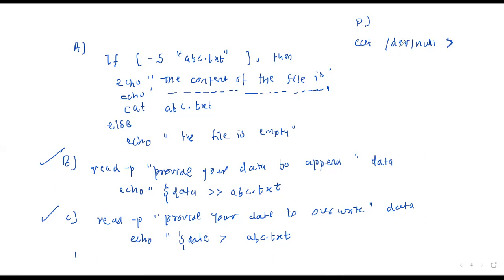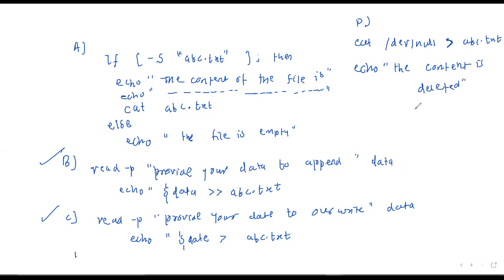We want to overwrite the content in the null file, so abc.txt is finished. Or you can have one more echo. This is again not compulsory. The content is eliminated, the content is deleted, like this.